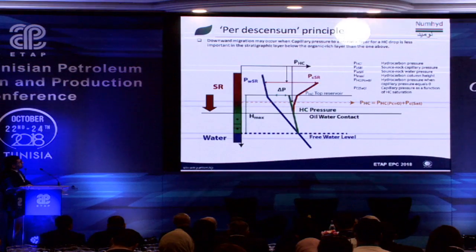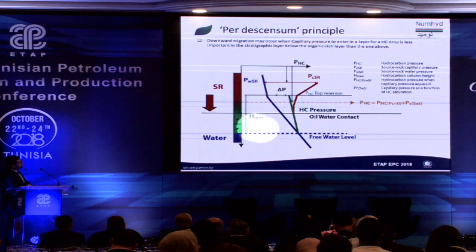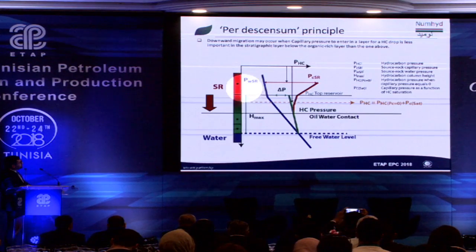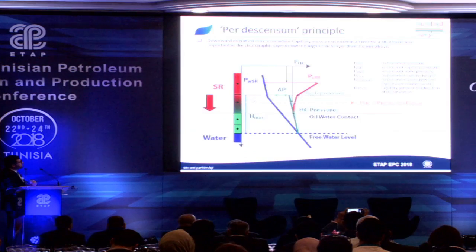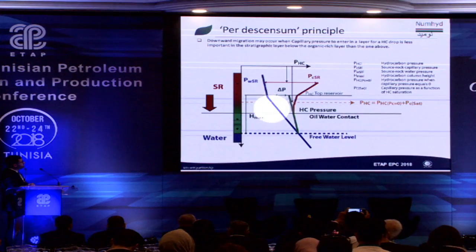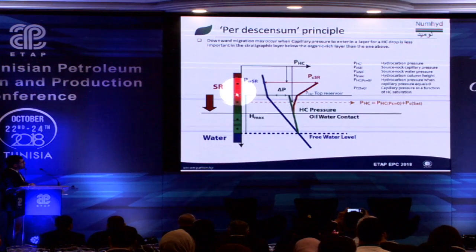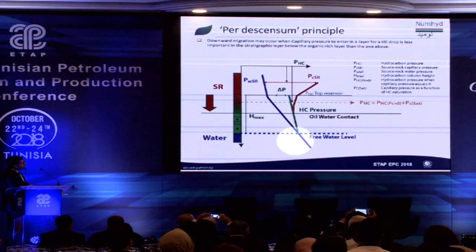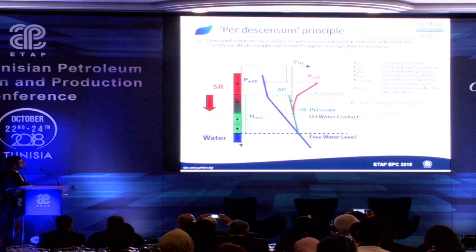This scheme is a little bit complicated, but it can be summarized like this. You have a source rock, which is also a seal, and a reservoir just below. The blue line is the water pressure.